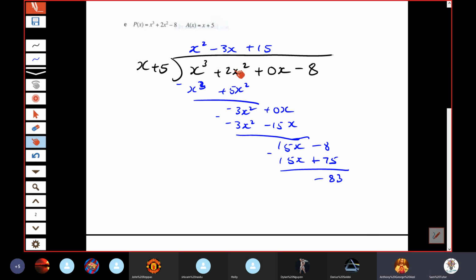Then I multiply, so minus 3x squared minus 15. These will cancel to 0, take away is 15. Then I brought the minus 8 down. It looks right. I got that as well. Yeah, me too. And we couldn't all make the same mistake.